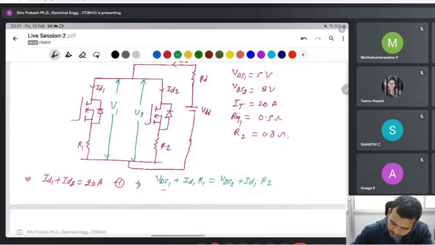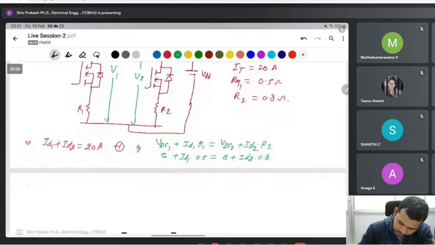This one is 5, ID1 is not known, R1 is given 0.5 ohm, plus 8, sorry, this one is ID2. Then apply ID1 here: ID1 is 20 minus ID2.